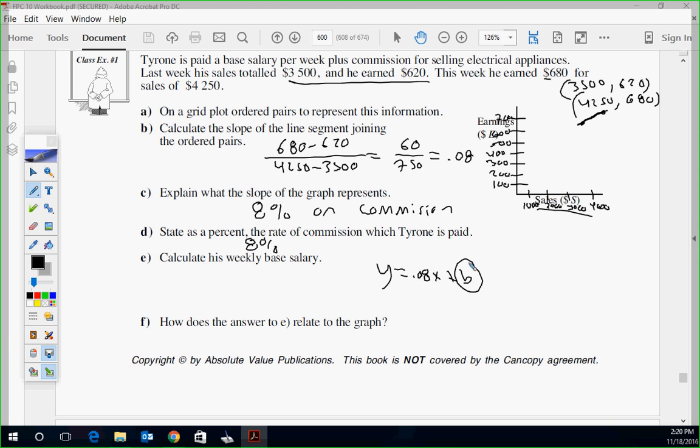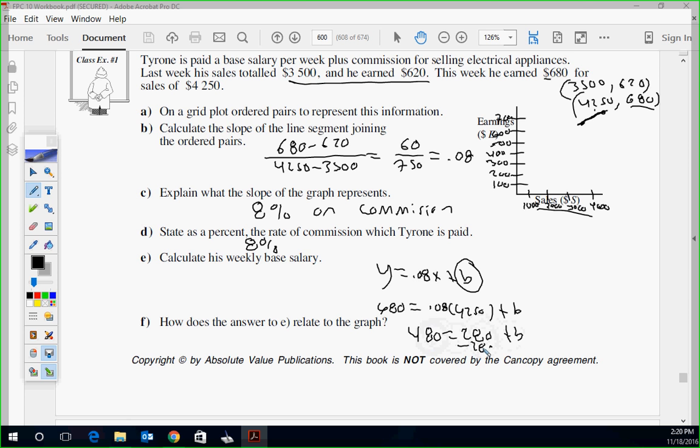We're going to plug in our points. We're going to put 680 here. I'm going to put 0.08 times 4250. So what's 0.08 times 4250? 340? Oh, sorry, thanks. So 680 equals 340 plus b.